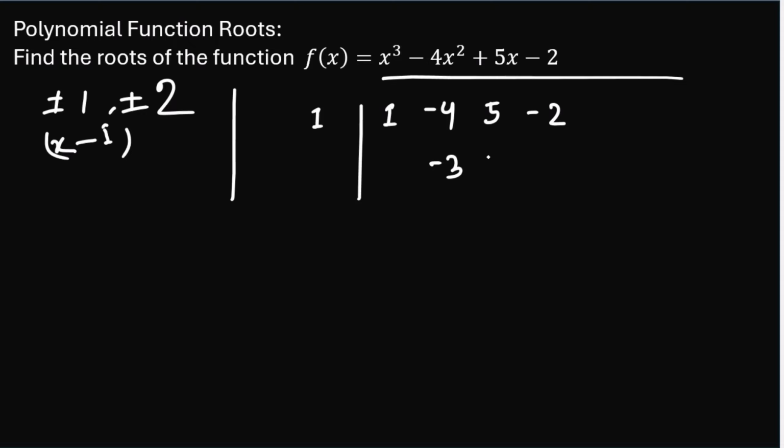And here we will get negative 3, and here 3 times negative 3 times 1 equals negative 3. So 5 minus 3 equals 2, and here 2 times 1 equals 2. So negative 2 plus positive 2 equals 0.